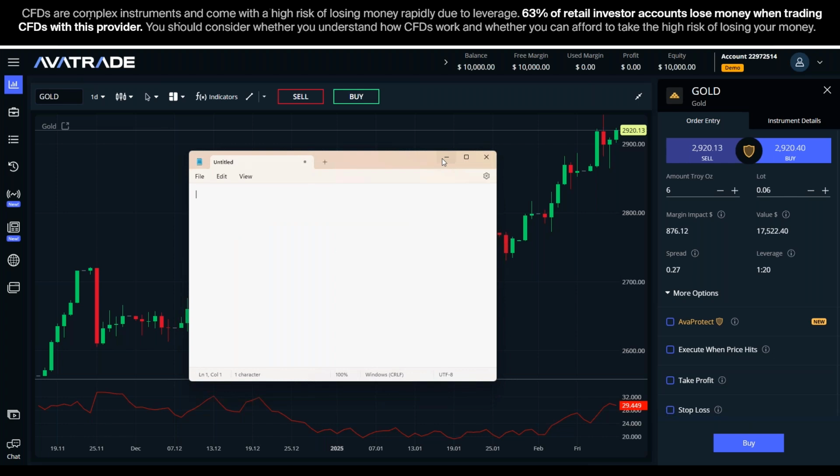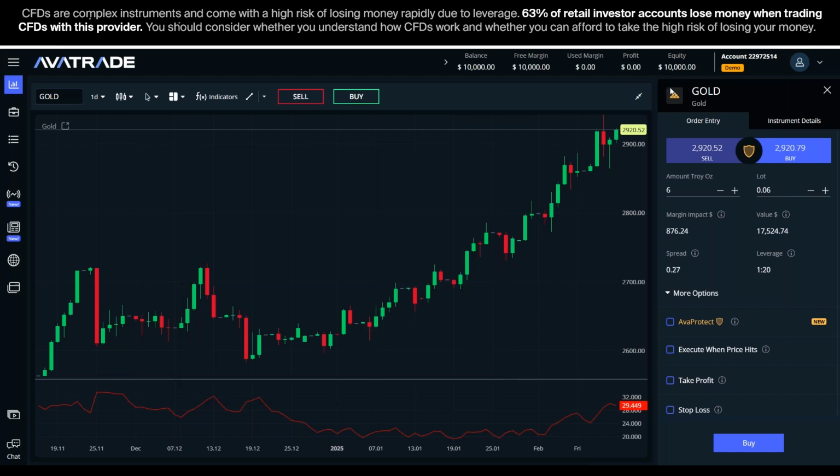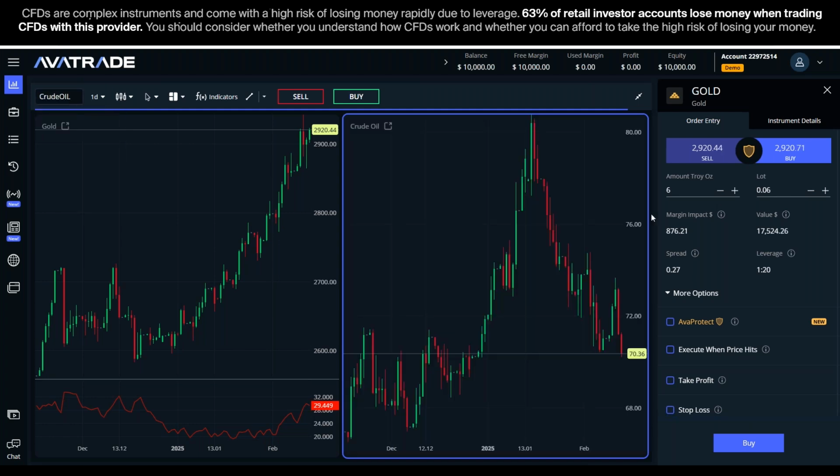And the question here is the difference in lot size. Okay, so let's compare gold with maybe something that has a different lot size, like oil. Okay, and we can see the differences. So the difference is very, very simple. If we take 0.01 with gold, it equals 1 unit.